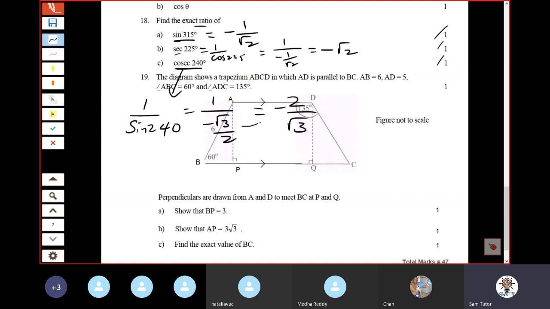Anybody still struggling how to go from here to here? No, we get it. Does the one just cancel out and just flip them? Pretty much, yeah. 1 times 2 on negative root 3, because when you divide, you flip this. So the 1 just cancels out and becomes 2 on negative root 3 or -2 on root 3.